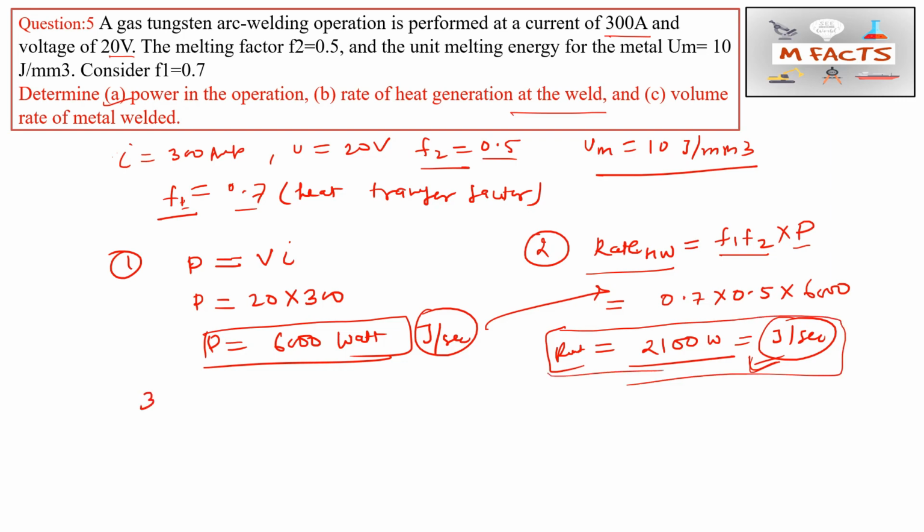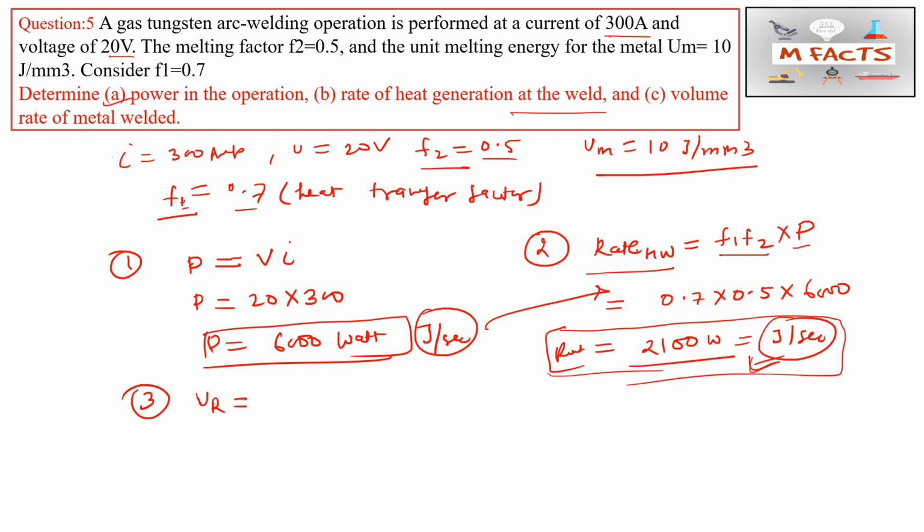So the third question is the volume rate of metal welded. They are asking how much volume of metal is welded. So how can we calculate this? Suppose I am writing volume rate of metal welded.